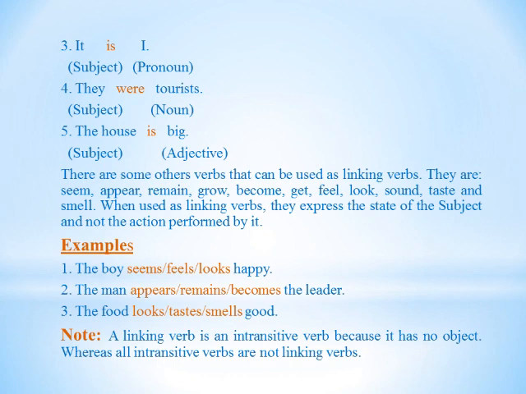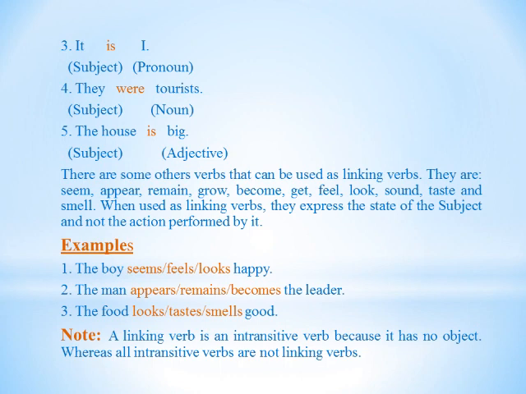We have the linking verb were in this sentence, whereas the noun tourists modifies the subject they. Example sentence number 5 says, the house is big. In this sentence, is is the linking verb, whereas the adjective big modifies the subject house.